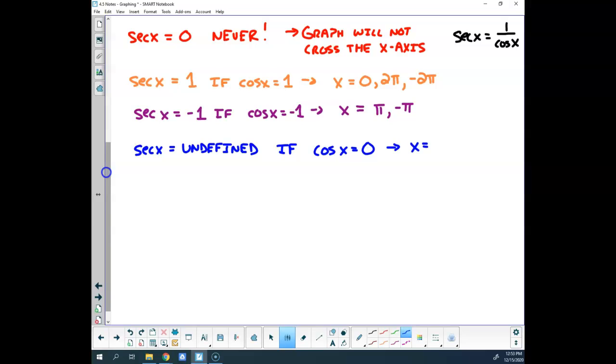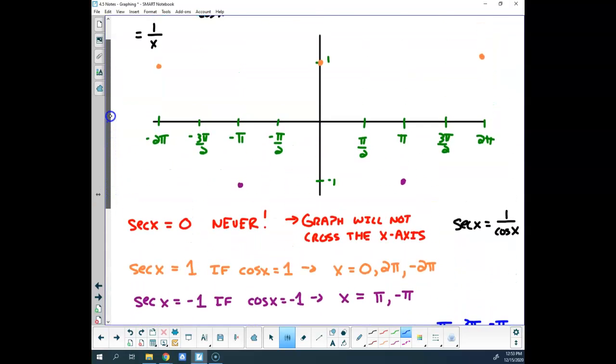Pi over 2. 3 pi over 2. Negative pi over 2. And negative 3 pi over 2. And those are all going to be what again? Asymptotes. Vertical asymptotes. Yep.